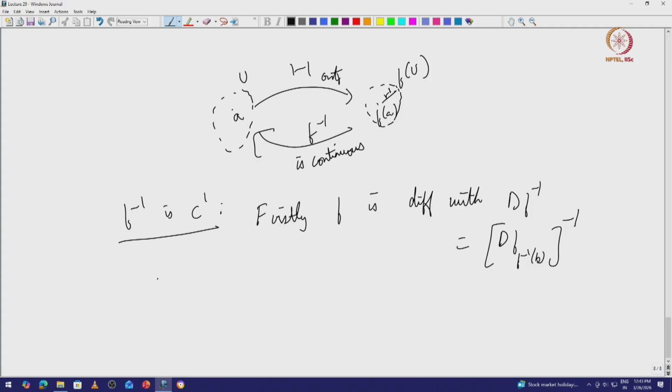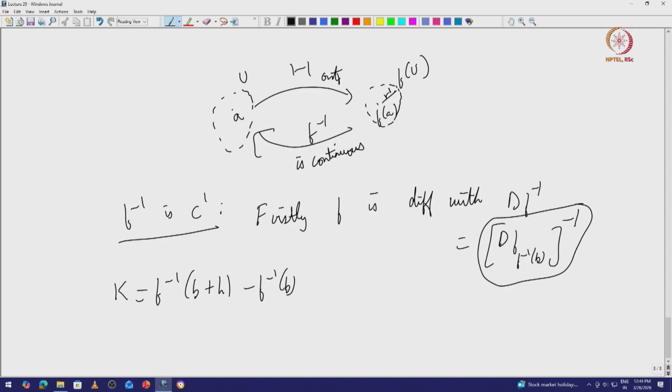So the point is, if I take f inverse of b plus h minus f inverse of b, let's call this k, okay, I would want to show that this is equal to this times h plus an error term, which when divided by h goes to 0 as h goes to 0. That's what differentiability would mean, right?